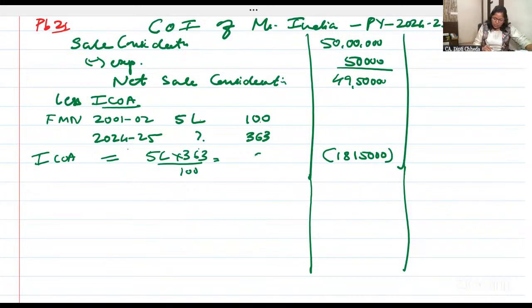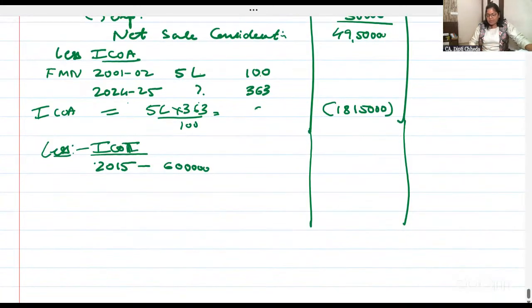In the year 2015, it's there. Index cost of improvement. They did improvement for 6 lakhs. 6 lakhs improvement is done. When? In 15.